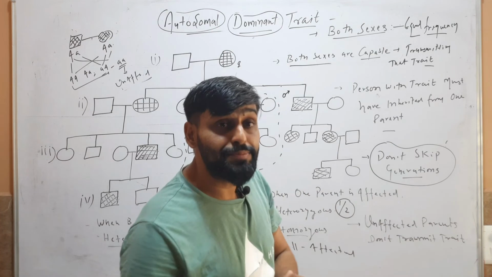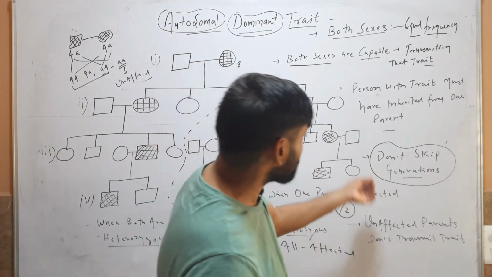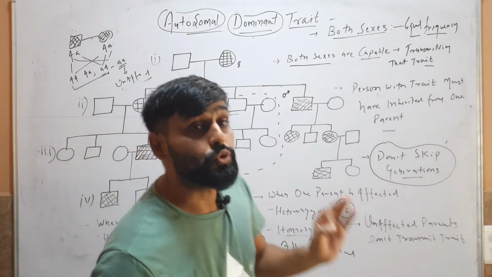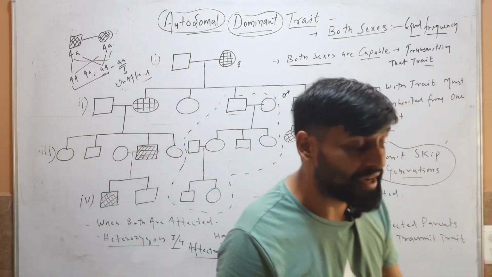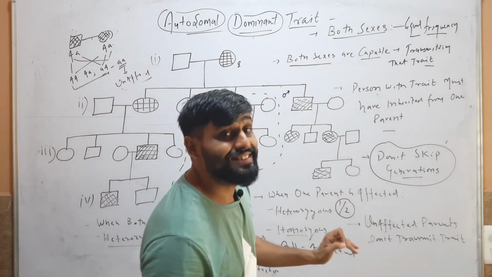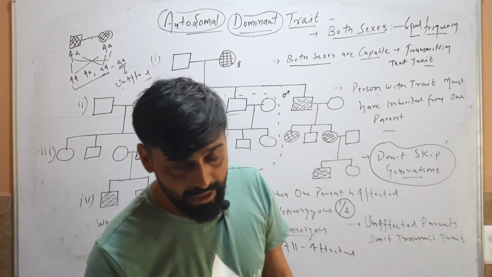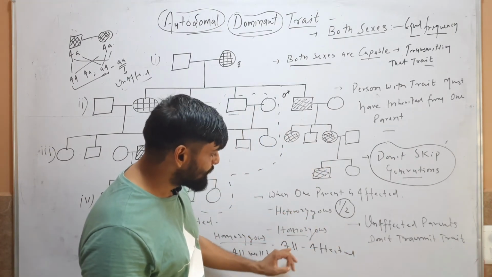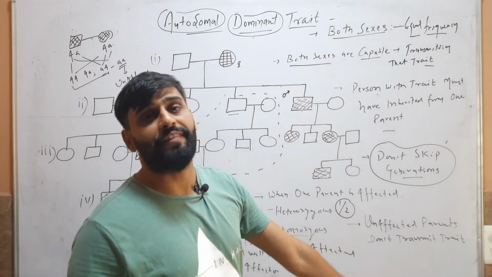It never skips a generation because when it is present in the heterozygous condition, it will show that trait because it is dominant. Another is that when one parent is affected and heterozygous, then half of their offspring will be affected, and if it is homozygous, then all will be affected.